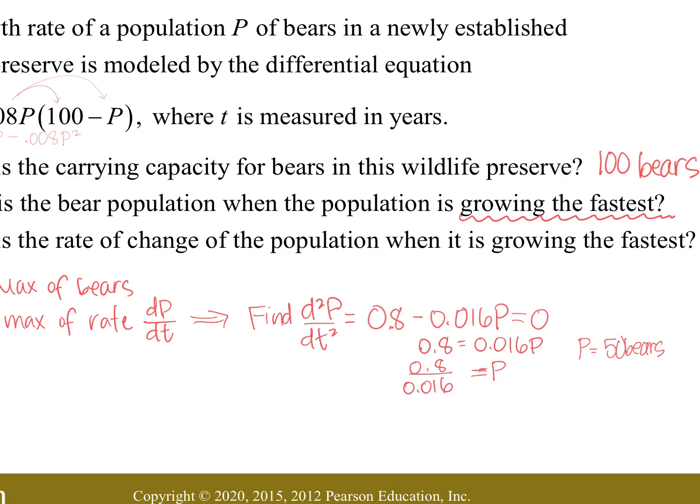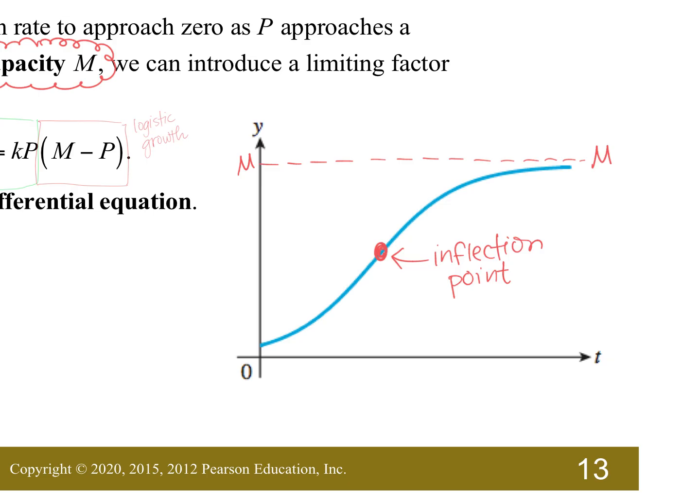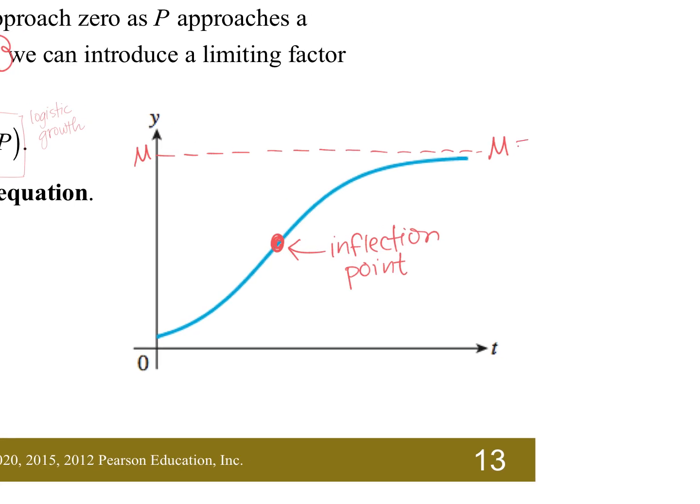By the way, I want you to think about that being a logical answer. Go back to what we drew up here. If your max, we said, was 100, the graph is going to be growing the fastest when the graph is the steepest. And the steepest is also going to be where we have an inflection point.